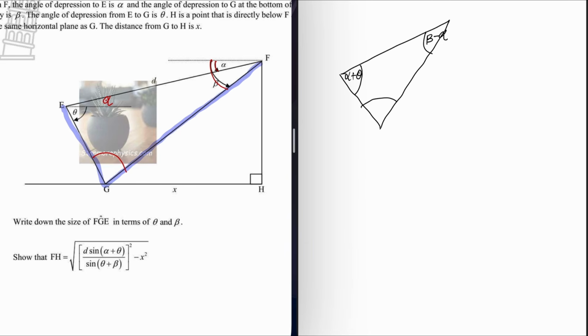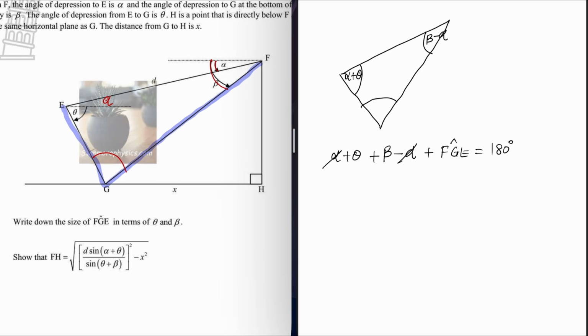Well, we know angles in a triangle are going to be equal to 180 degrees. So alpha plus theta plus beta minus alpha plus FGE is equal to 180 degrees. That means that would cancel with that.